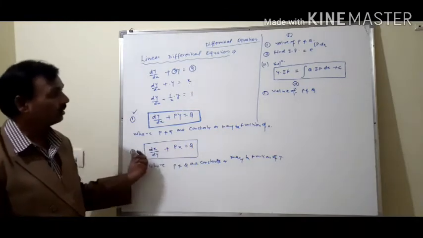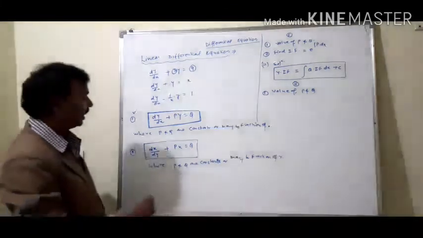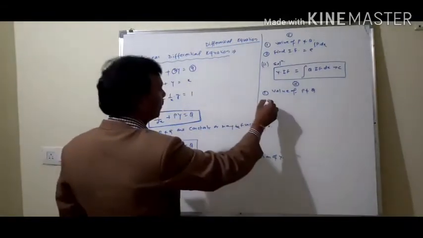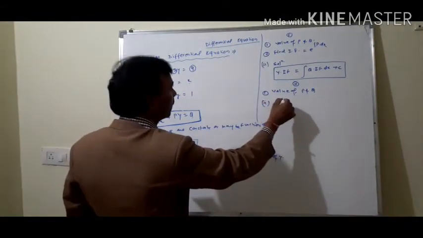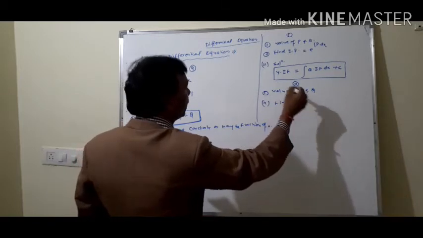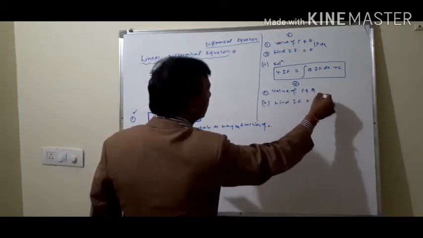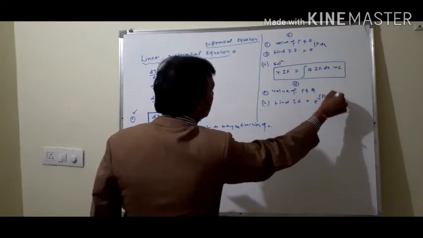Then compare and find the values of P and Q. In the next step, find the IF, the integrating factor, which is equal to e to the power integral of P into dy.